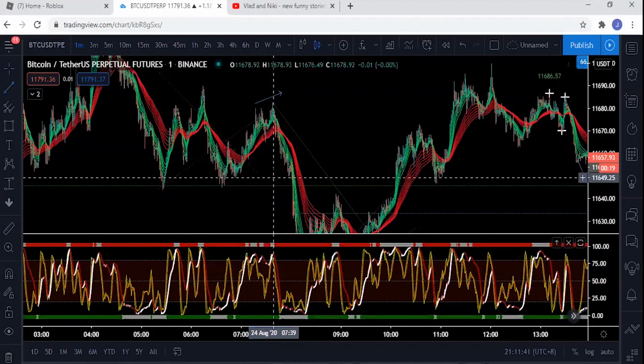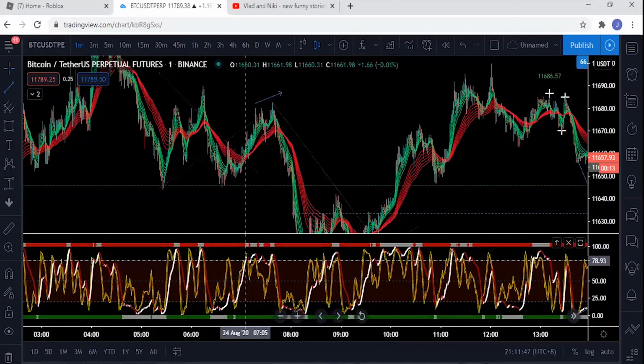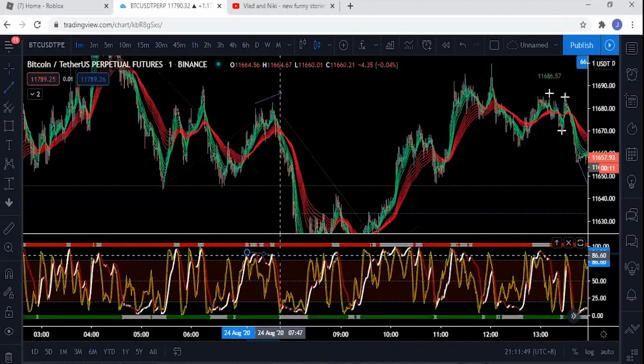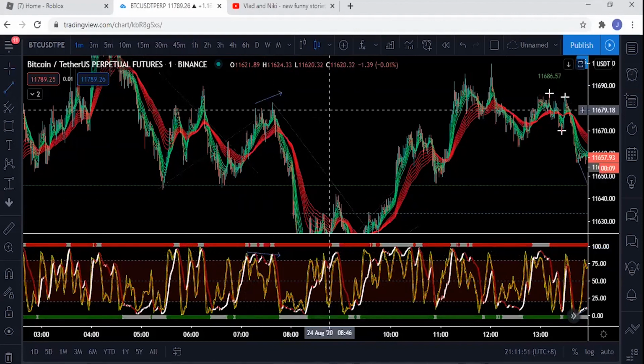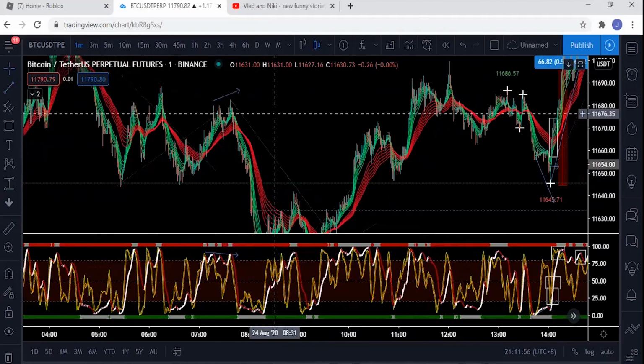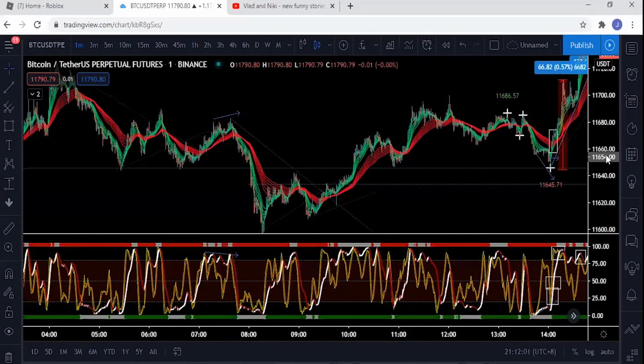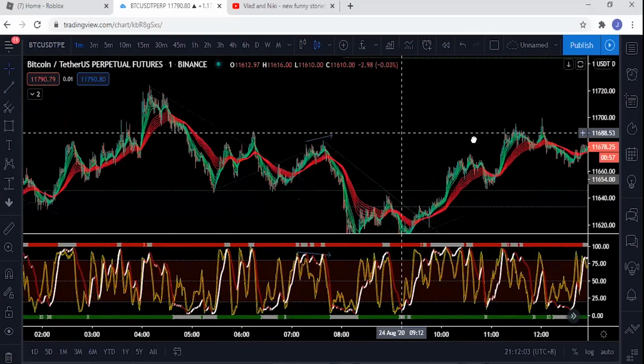No, that is not a divergence. Okay, this can be X. And then the next criteria is to find a peak or Y. Actually, it starts here.